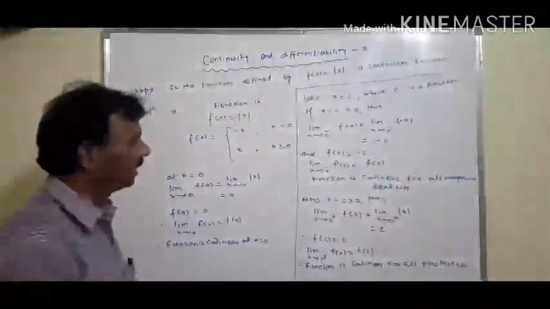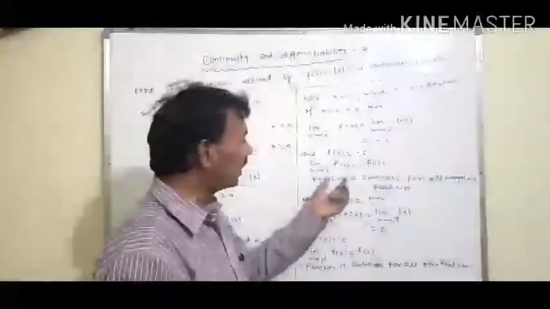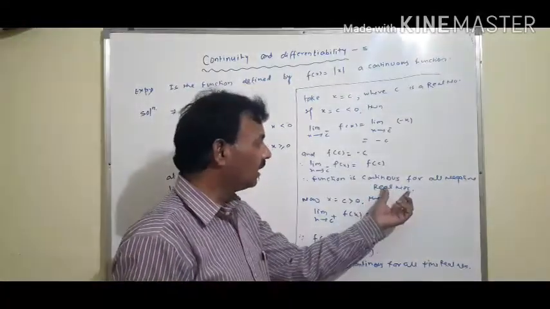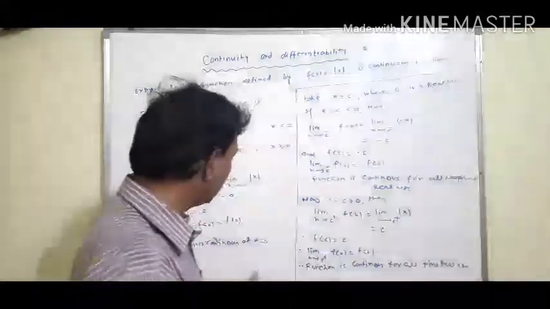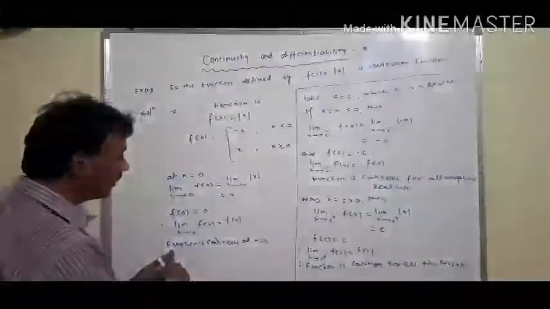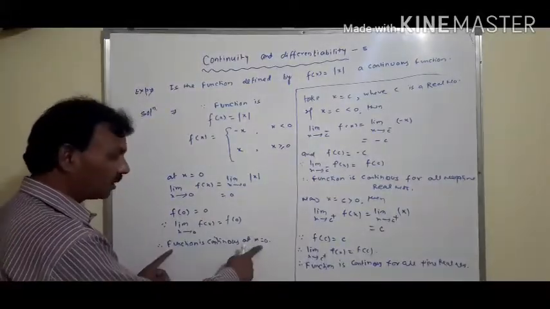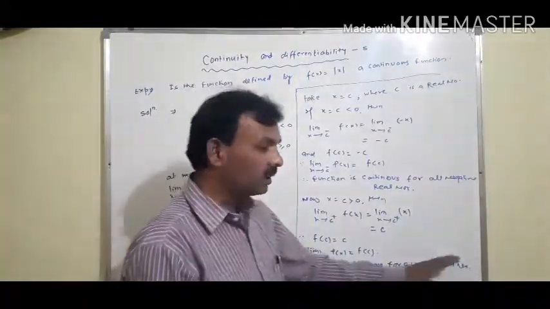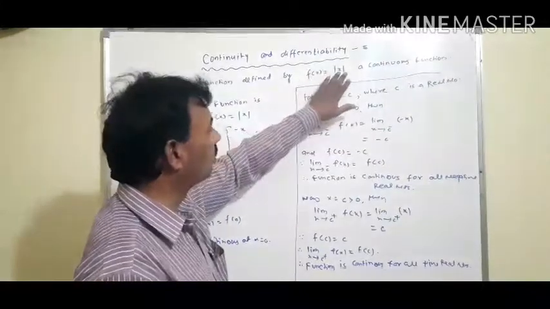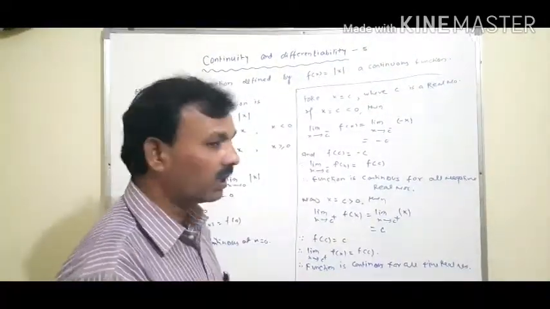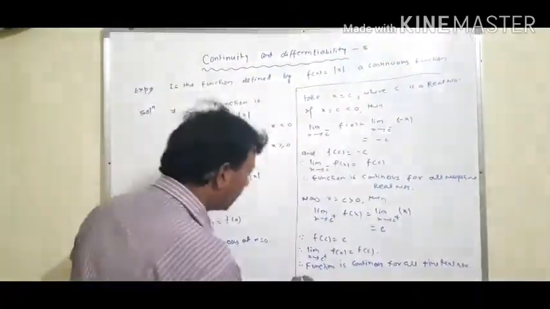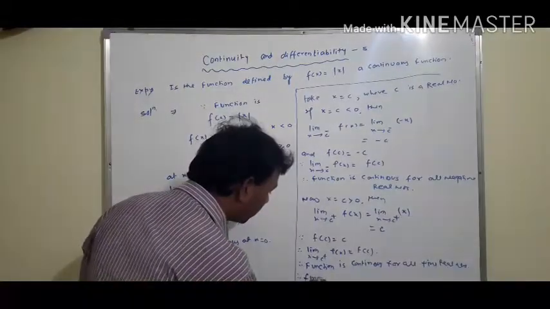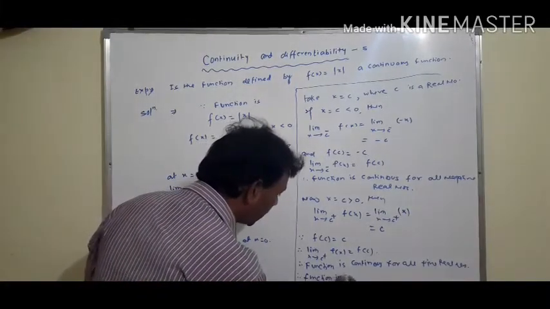Now you can see here, this function is continuous for every negative real number, it is continuous at x equal to 0, and it is continuous for all positive real numbers. That means the given function f of x equal to mod of x is continuous for all real numbers. Therefore, the function is continuous.